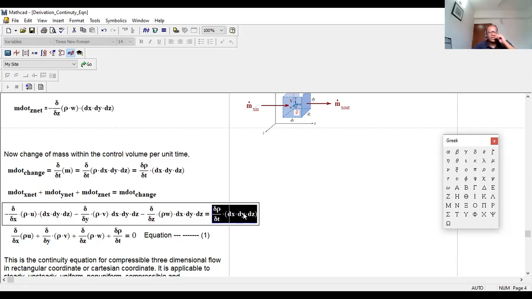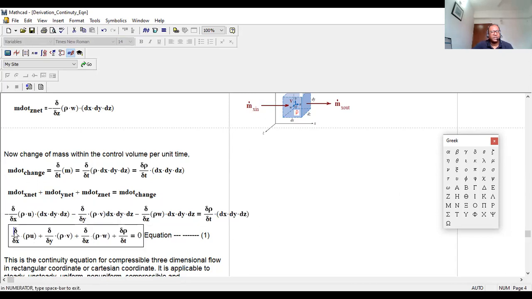Now, you see dV is everywhere. I can take it out. So finally, you get this equation: ∂(ρu)/∂x + ∂(ρv)/∂y + ∂(ρw)/∂z + ∂ρ/∂t = 0.